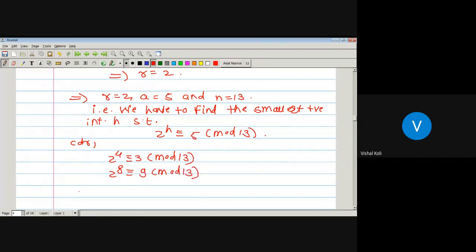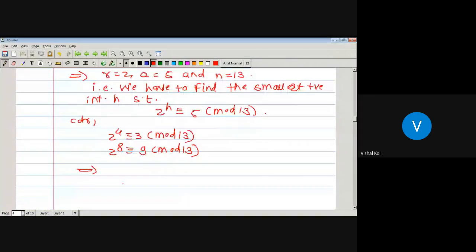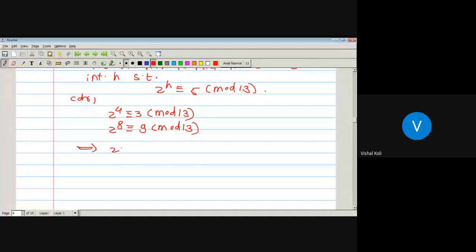Okay, now just multiply both sides by 2, which implies 2 to the power 8 into 2 to the power 1, which is 2 raised to 9, is congruent to 9 into 2, 18 modulo 13. What is the value of 18 over modulo 13? 5.